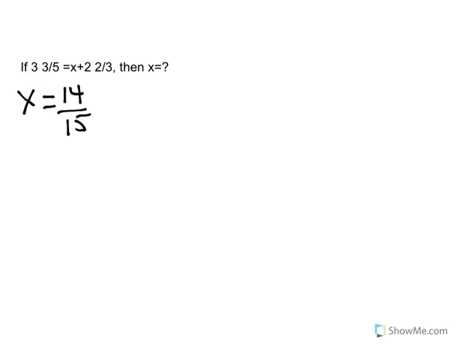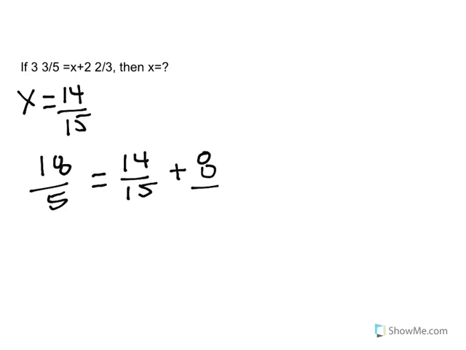So we already did our mixed number, 3 3/5 we know equals 18 over 5. And we're going to say 18 over 5 equals 14 over 15 plus, and we know that 2 2/3 is the same thing as 8 over 3 because we already worked that out.